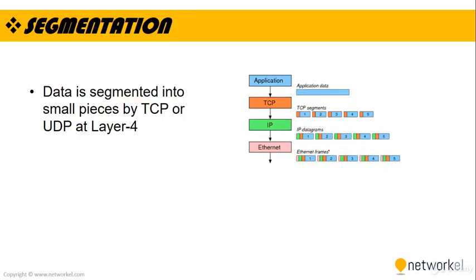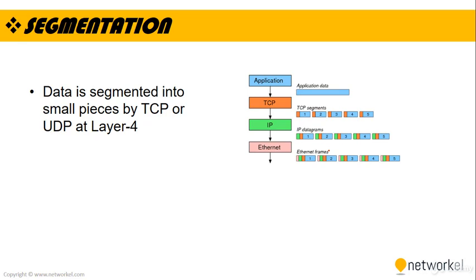In data communications networks, packet segmentation is the process of dividing a data packet into smaller units for transmission over the network. Packet segmentation happens at layer 4 of the OSI model, the transport layer.